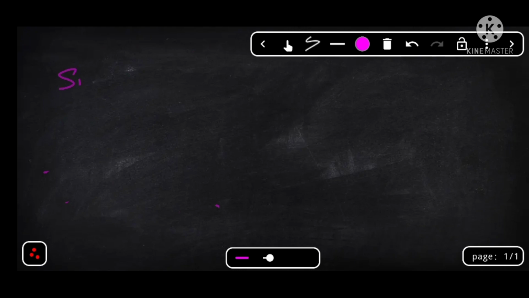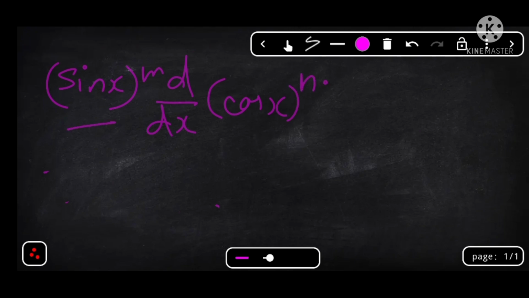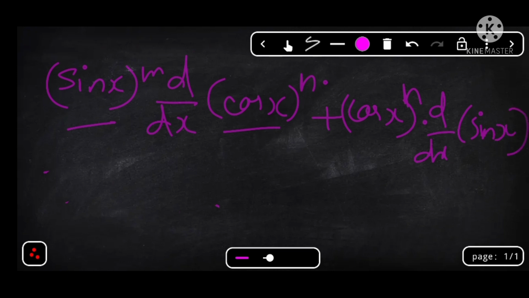So first, sin x whole raised to m into d by dx of cos x whole raised to n. This is a, this is b, plus next, b, that is cos x whole raised to n into d by dx of sin x whole raised to m.